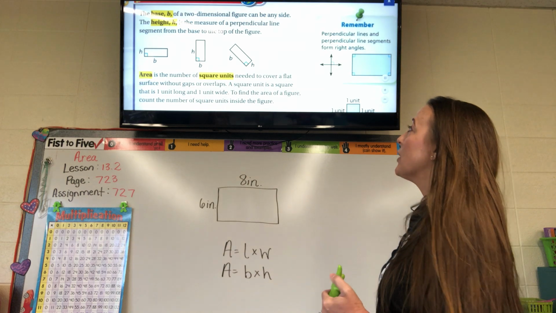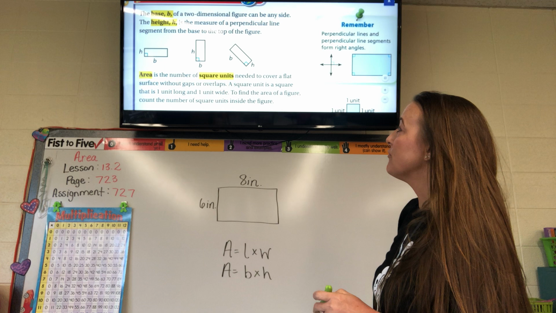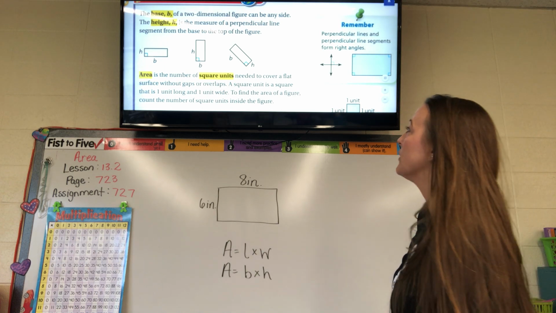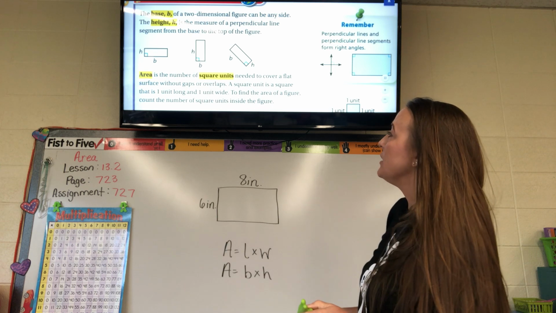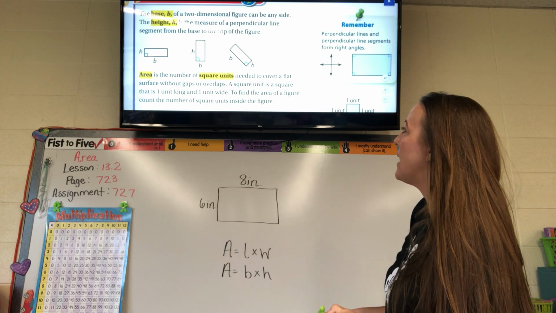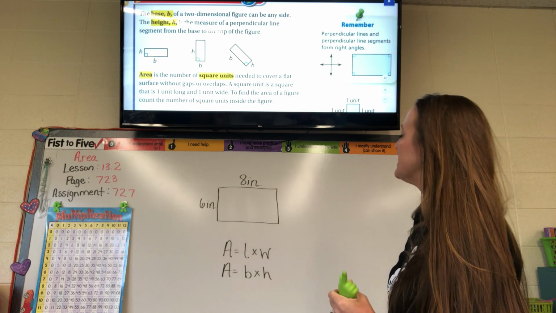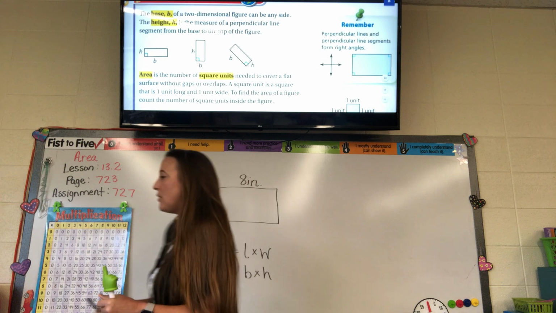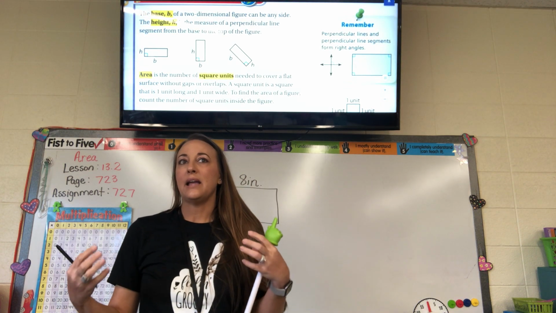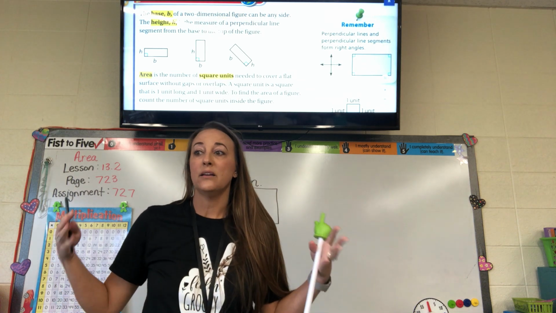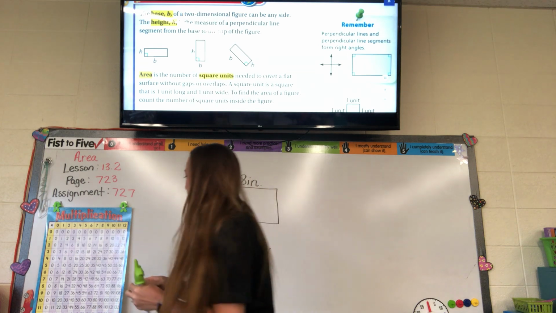Area is the number of square units needed to cover a flat surface without gaps or overlaps. A square unit is a square that is 1 unit long and 1 unit wide. To find the area of a figure, count the number of square units inside the figure. We use the area measurement to find, for example, the size of a room that needs carpet.